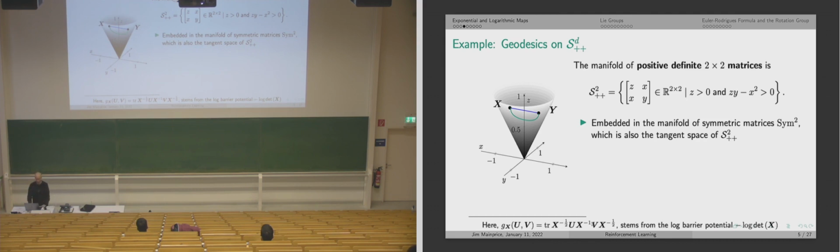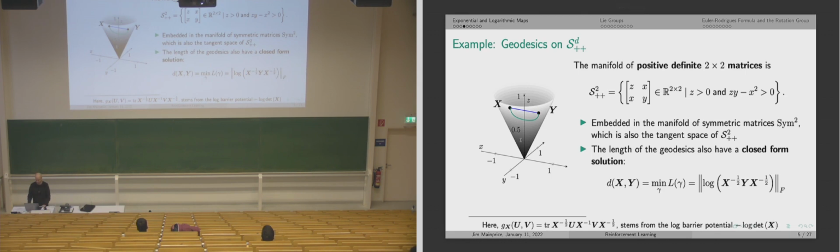You basically end up with geodesics that curve like that. They are embedded in the manifold of symmetric matrices Sym2, which is also actually the tangent space of this manifold. And given that Riemannian metric that I just explained that arises from the log barrier, the length of geodesics also has a closed form solution, and this is what it is.